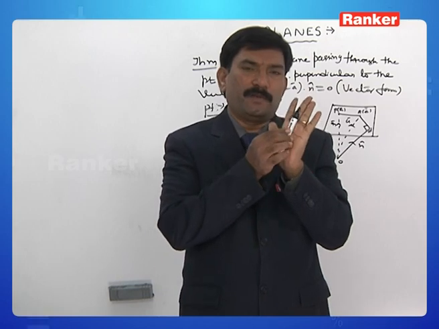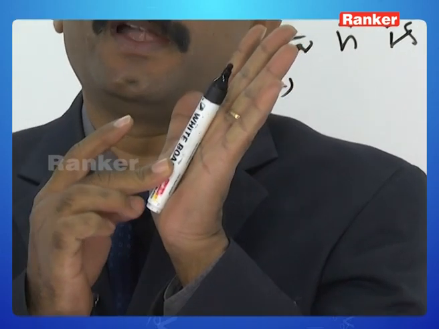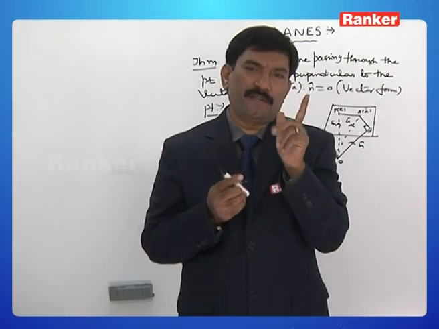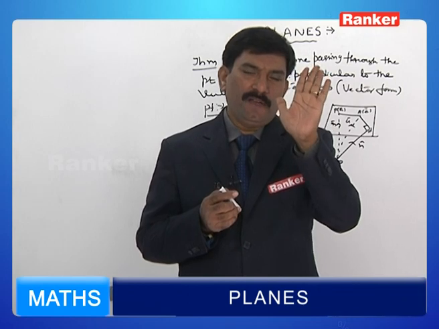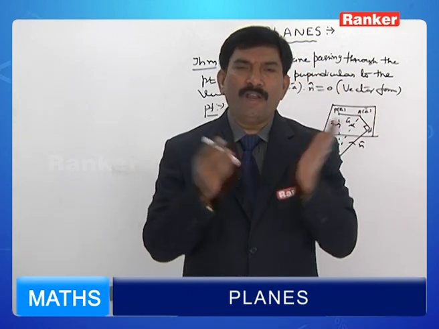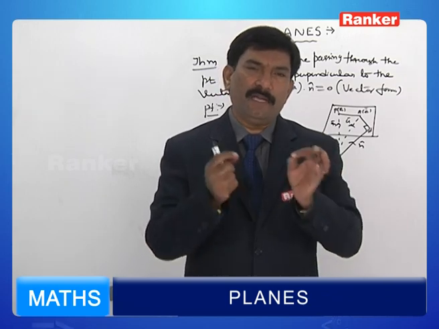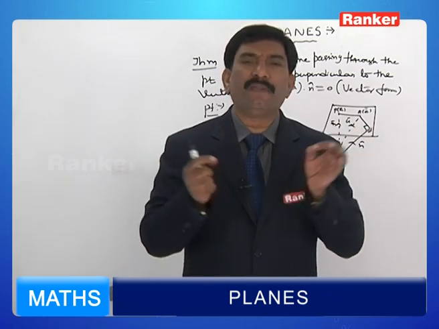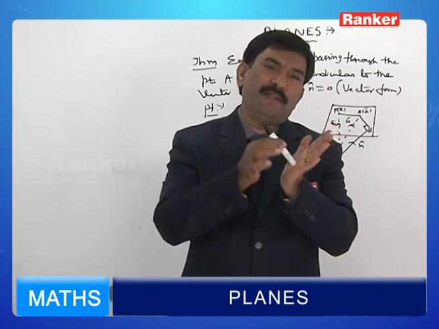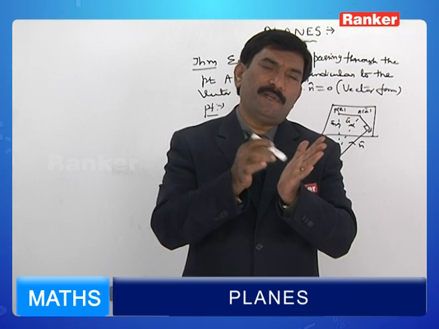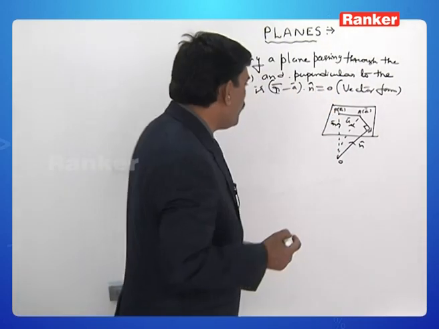This plane contains one vector, means line joining of A and P. When 2 points are given, you can find one vector. This plane may contain one vector or two vectors or three vectors. Let it be any number of vectors it may comprise. If this vector is perpendicular to the plane, it is also perpendicular to each and every vector in that plane, correct or not? Now let us start.